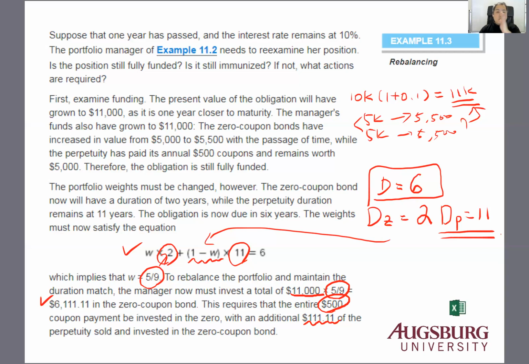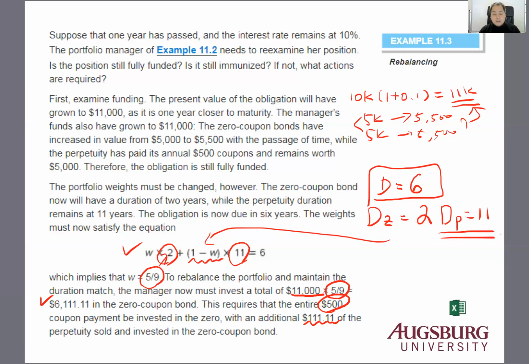Each security's duration changes, right? You're probably not gonna find an exact asset that matches the obligation duration, just one asset. So you have to make a portfolio. The problem is each security in the portfolio also has its duration change over time. So you keep changing the weights to match the portfolio duration to the obligation duration.